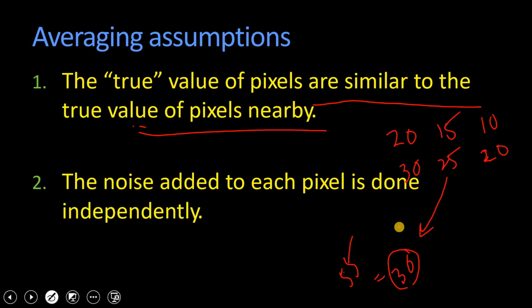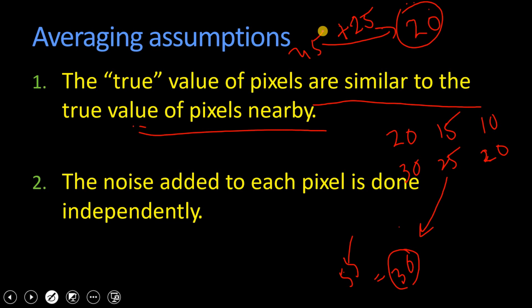This has nothing to do with another pixel. So there is another pixel with a value of 20 itself. Noise will be added over here separately. It has no additive effect. The past value does not make a difference here. So maybe over there 30 was added, maybe here we add 25, so the result is 45. So two assumptions are important.